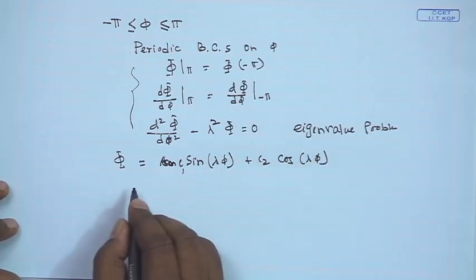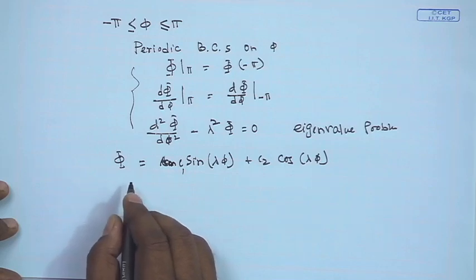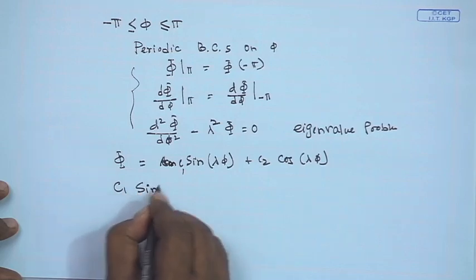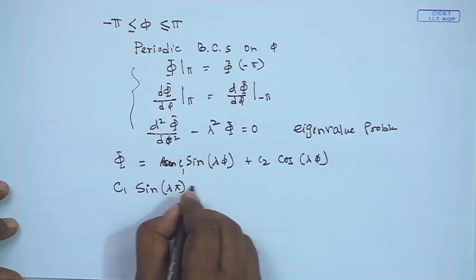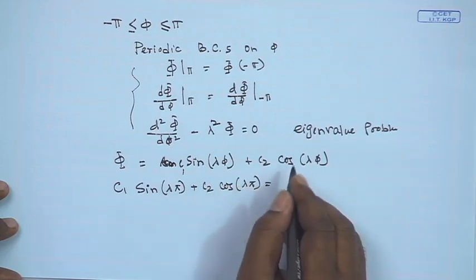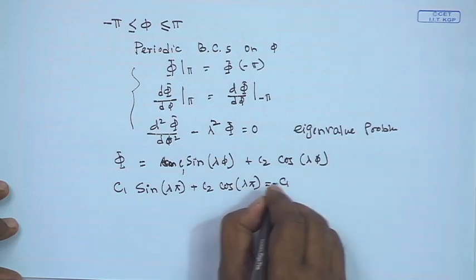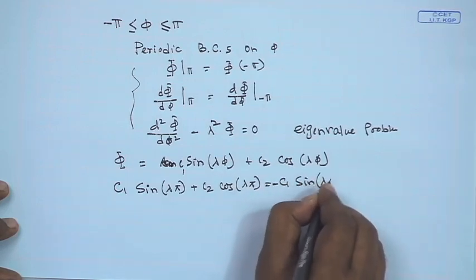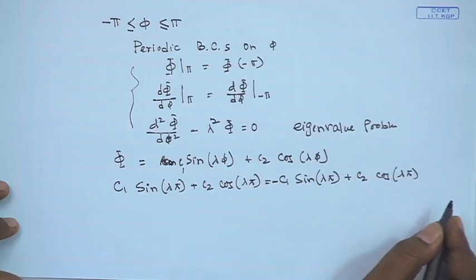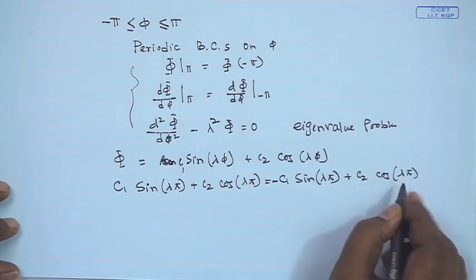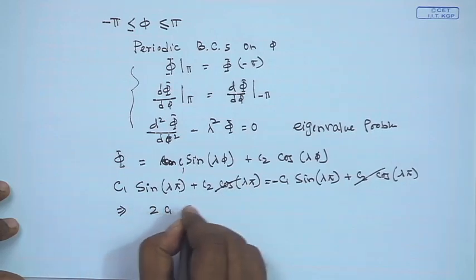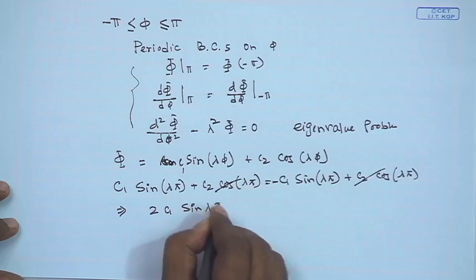Now, phi at pi becomes C 1 sine lambda pi plus C 2 cosine lambda pi, which is equal to phi at minus pi, C 1 minus sine lambda pi plus C 2 cosine lambda pi. Cosine of minus lambda pi is the same as cosine of plus lambda pi, so these two will be cancelled out. So, what you will be getting is 2 C 1 sine lambda pi is equal to 0.